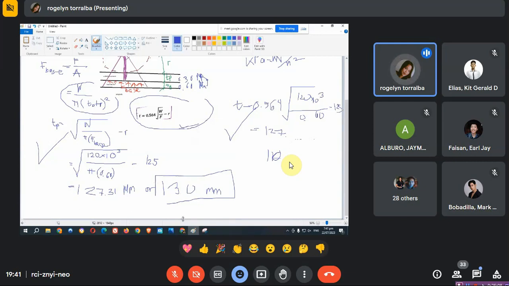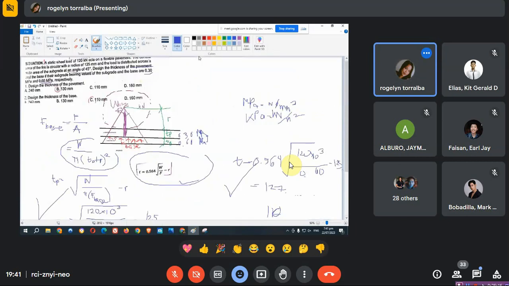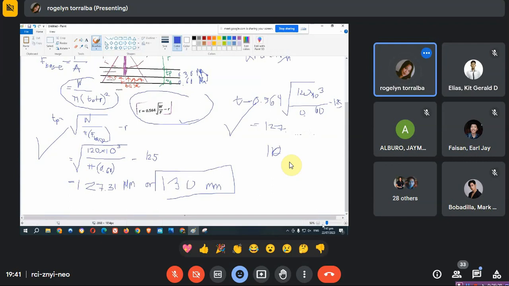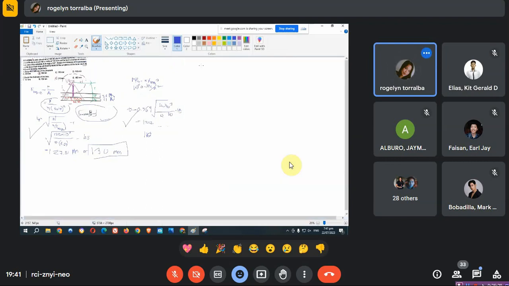Unsa atong nga stress atong gamiton class? 0.30. So dinhi na ta sa number 2 no. So how do we solve number 2? Wait lang. Diri lang ko nga portion class. Okay, number 2.